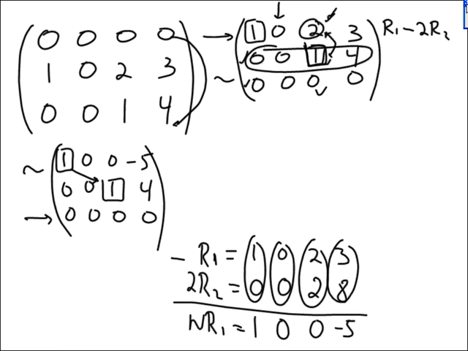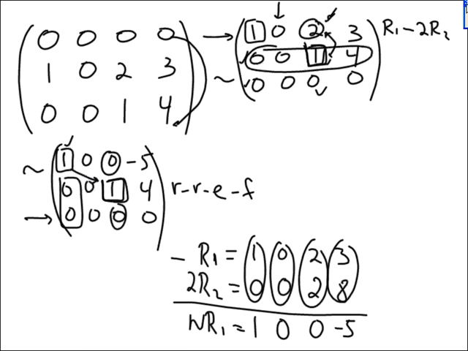And what's below and above this leading one is zeros. What's above and below this leading one is zeros. This matrix at the very end is in reduced row echelon form.